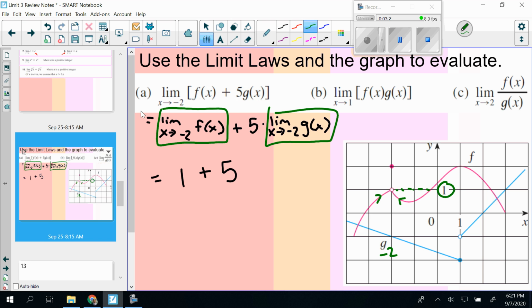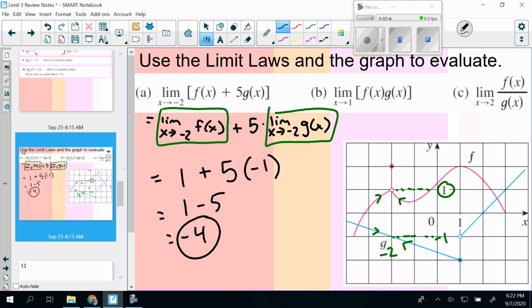Function g as we approach -2 from both the left and right has the same value, and it looks like that value ends up being -1. And so now we can finish solving this. We've got 1 minus 5, which is -4. So we can still find that limit even though we don't know what the functions are by using the graph.